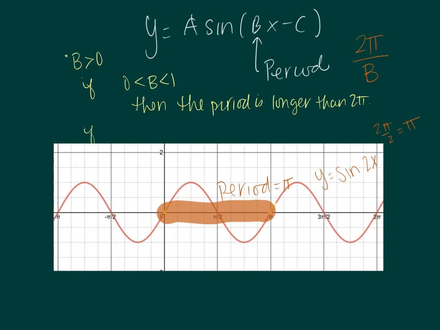However, if B is bigger than 1, as we can see from this example, then the period is shorter than 2 pi. So it kind of compresses that slinky.